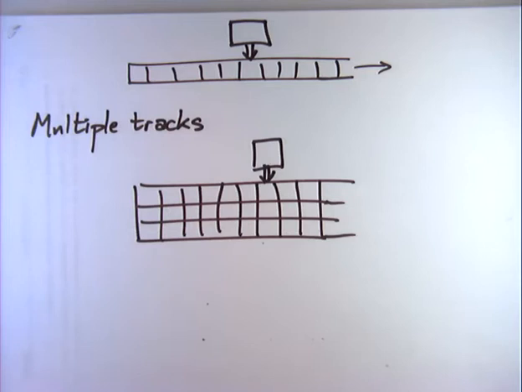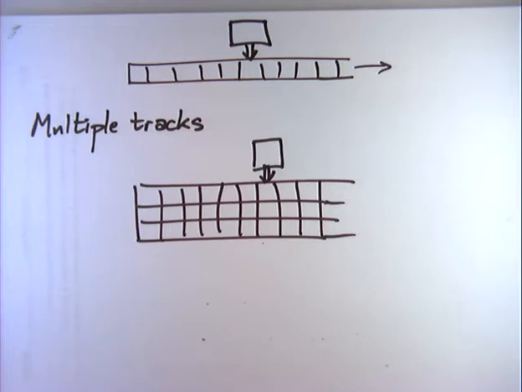So now, instead of the tape being an infinite array where every entry is a single symbol, I want to think of this as an infinite array where every cell contains 3 symbols, a first one, a second one, and a third one.